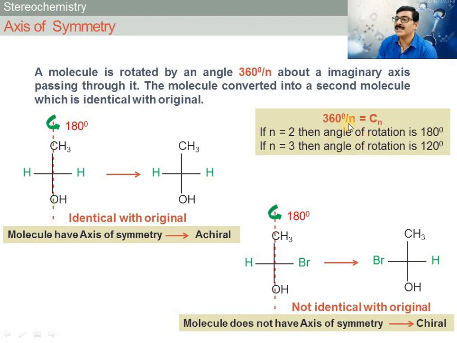Now if n is equal to 3, then 360 divided by 3 means 120 is the angle of rotation, and it is called as threefold axis of symmetry.